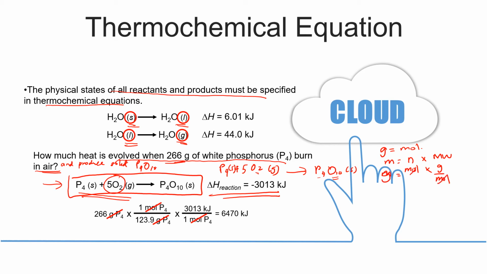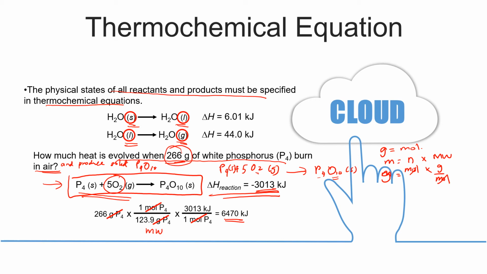Mol can cancel, so akan dapat gram. Okay. So kaedah yang pertama you boleh solve adalah you terus masukkanlah. Okay, masukkan nilai kat sini. Kita ada 266 gram P4 and then kita ada 1 mol. Ni adalah dia punya molecular weight, bahagi dengan molecular weight, and then darabkan dengan dia punya heat dia. Okay, so you akan dapat the value of heat untuk sebanyak ni 266 gram of P4.